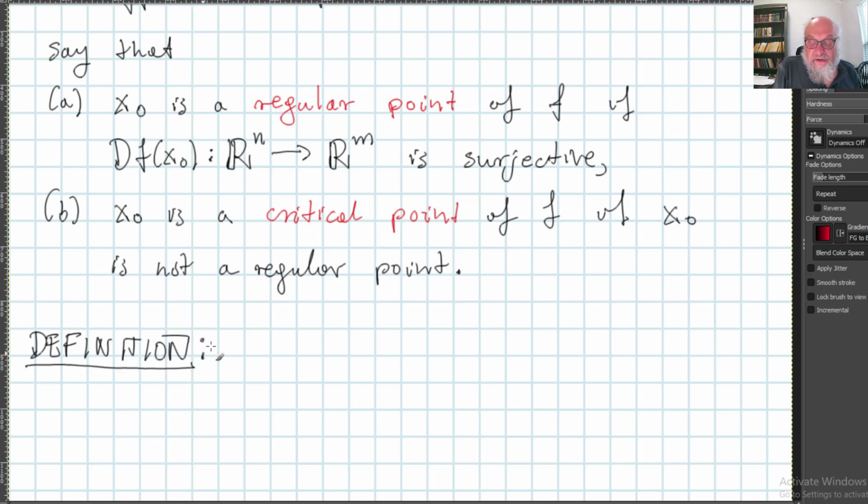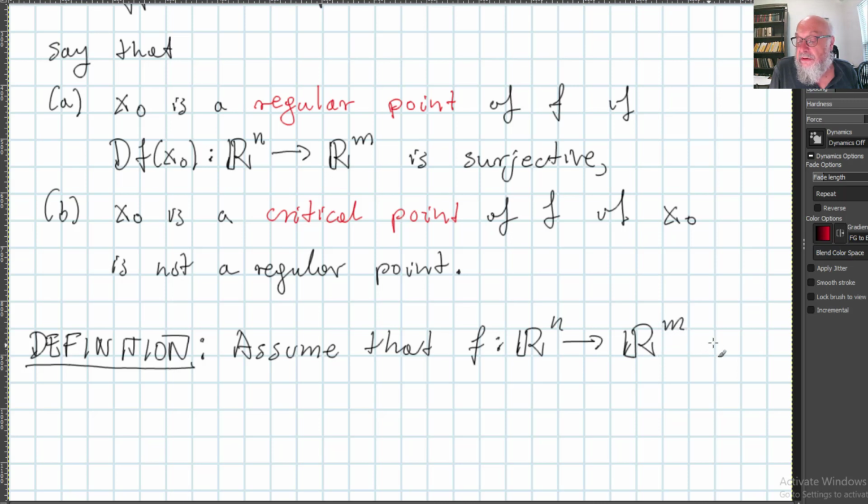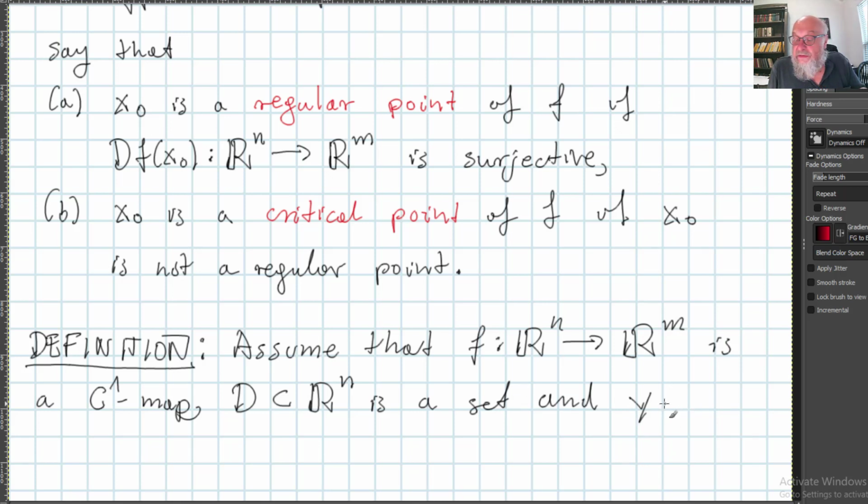And in this definition, assume that f again from Rn to Rm is a C1 map, and D contained in Rn is a set, and y naught belonging to Rm is a given point.